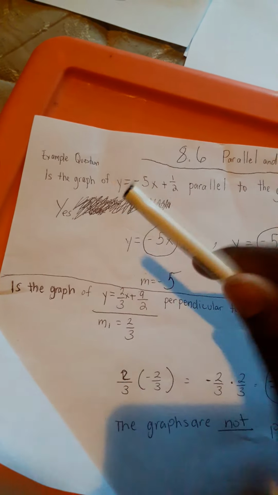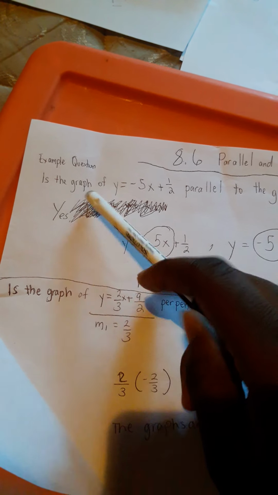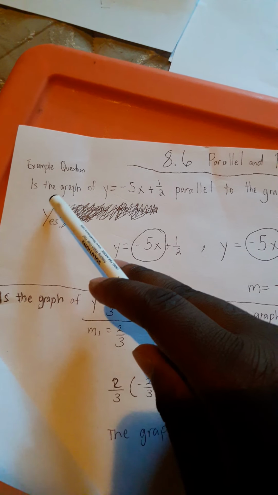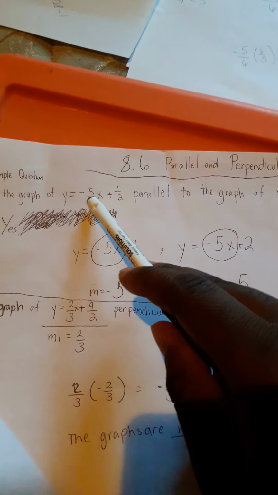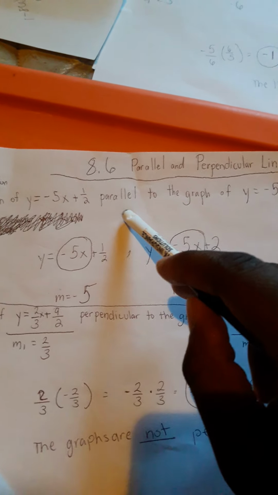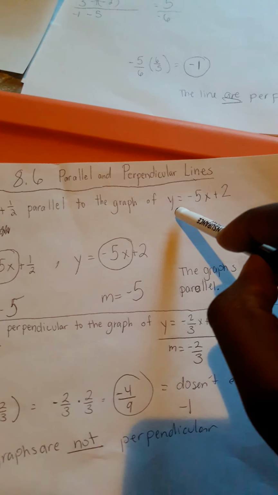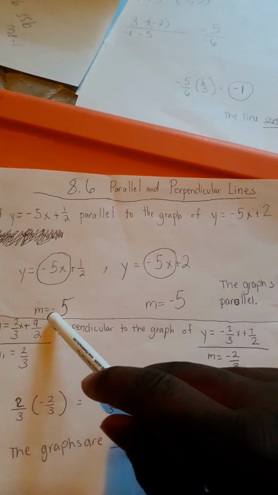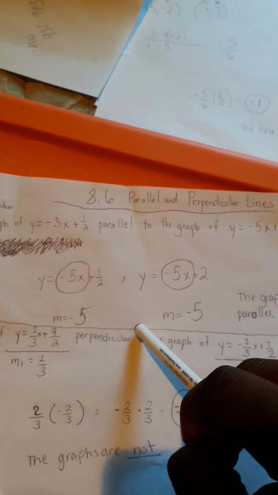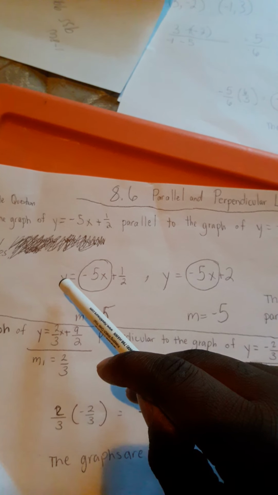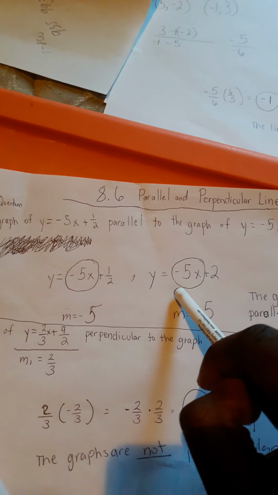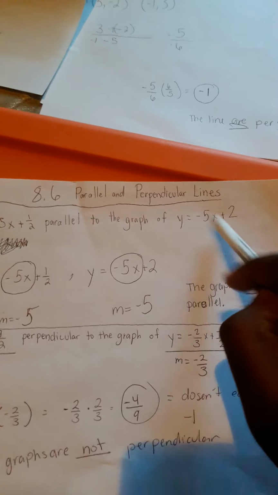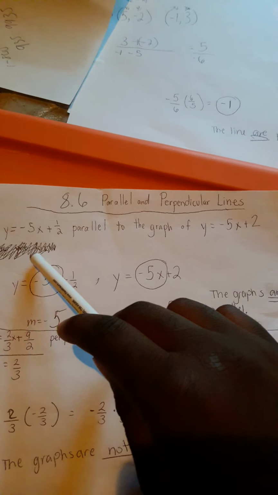Alright, so I got one example question and it reads, is the graph y equals negative x plus a half parallel to the graph of y equals negative x plus 2? So to me, when I'm watching the example videos, in order for it to be parallel, the first two have to be identical to each other.